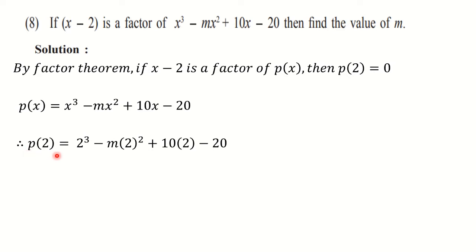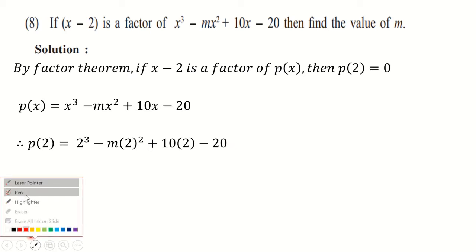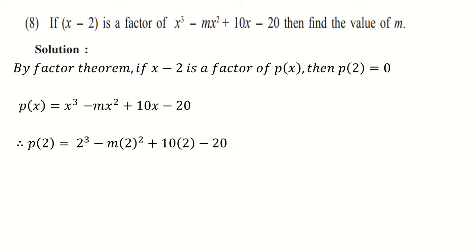Therefore, p(2) is equal to 2 cube minus m into 2 square plus 10 into 2 minus 20. Now what you can see here is 10 into 2 is 20, this is plus 20 and this is minus 20, cancelled.